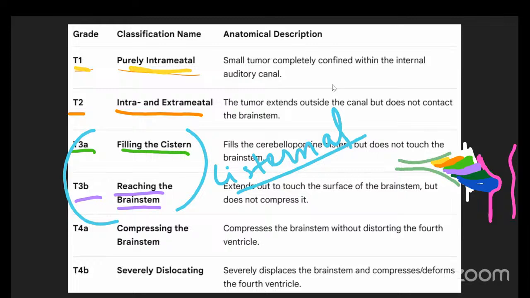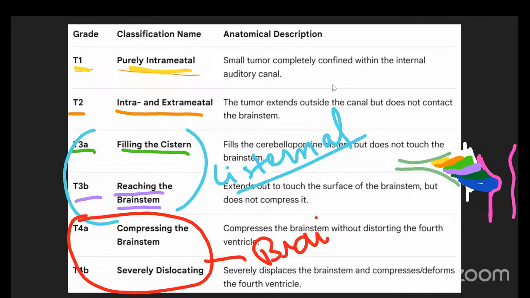It does not yet start compressing or displacing the brainstem. When we talk about T4B, group it in your head for remembering that this is the brainstem portion. T4A is going to compress the brainstem. T4B is going to severely dislocate the brainstem. Are we all on the same page?